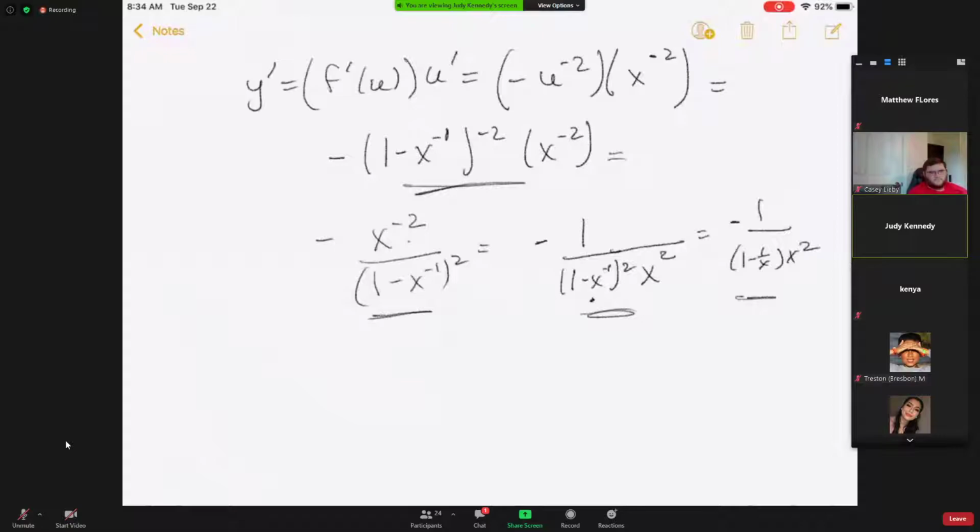Okay, how about, okay, there's a lot of chain rule problems in here. Here's one. Let's see.